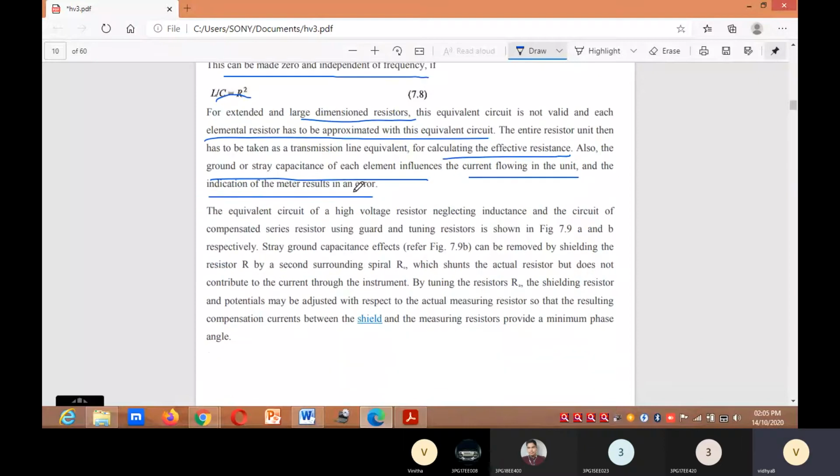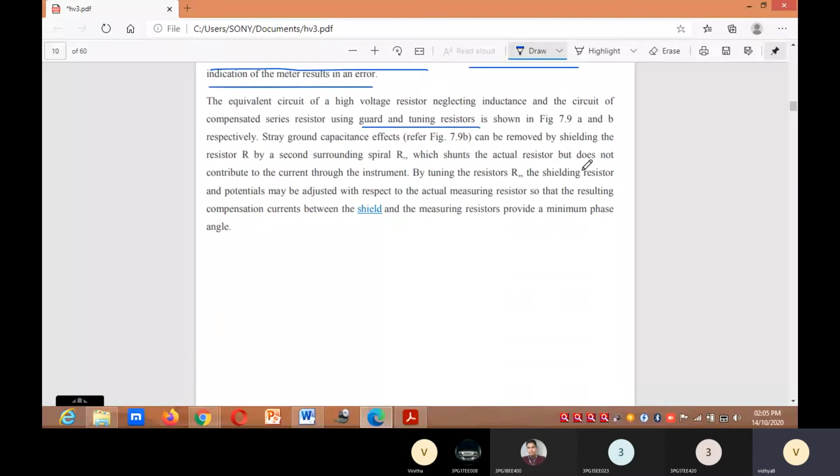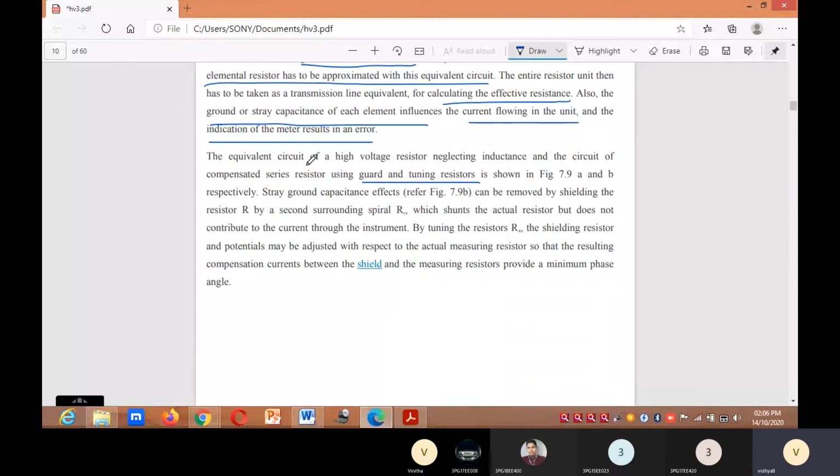The equivalent circuit of a high voltage resistor neglecting inductance, and the circuit of the compensated series resistor using guard and tuning resistors, are shown in figures 7.9 A and B respectively.